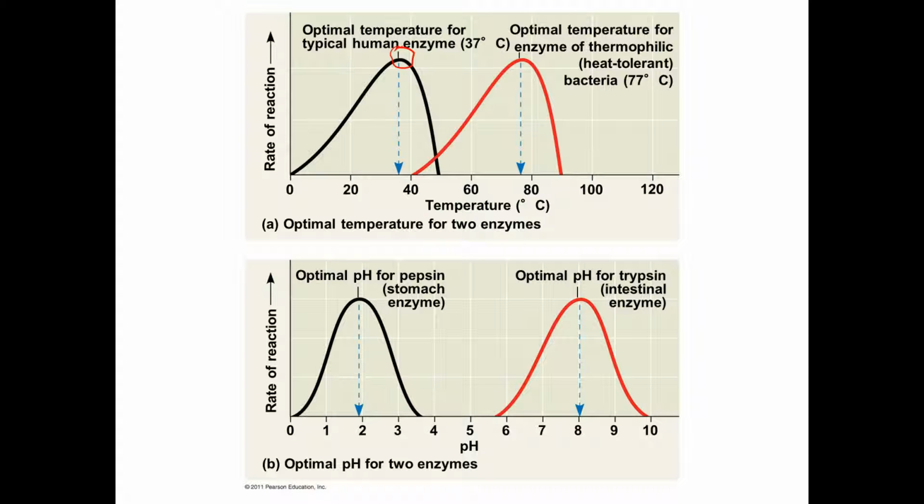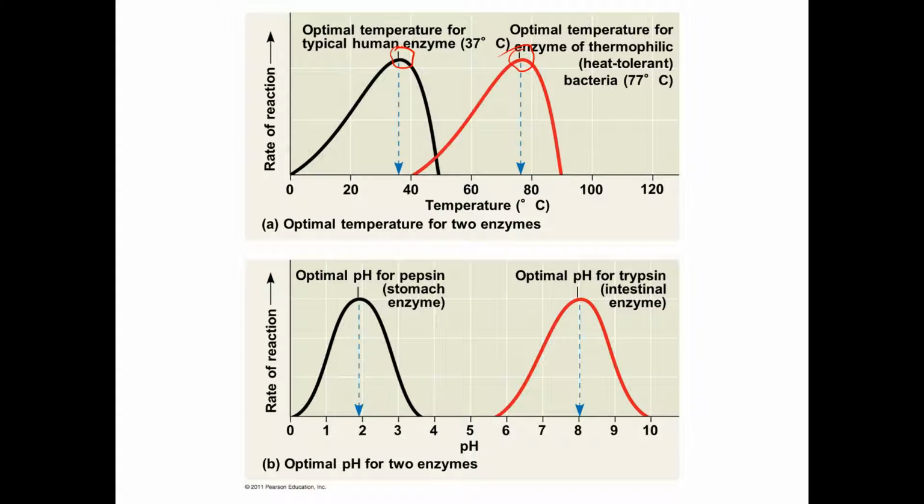Now, if you look at a bacterium that lives in, for instance, hydrothermal vents, or lives in warm, hot ponds, here the optimum is around 77 degrees Celsius.